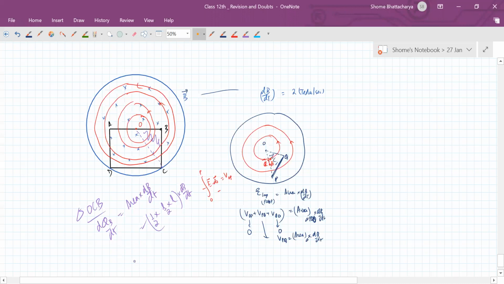So the induced voltage in the loop OCBO will be L square by 4 into 2 Tesla per second, which we got here, dB by dt.